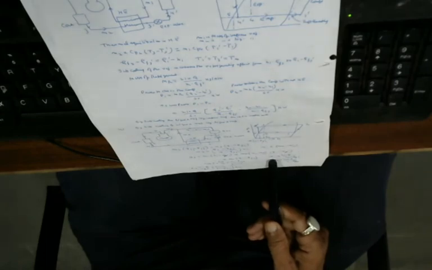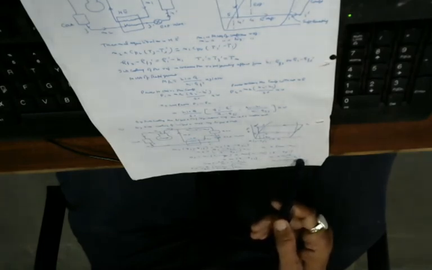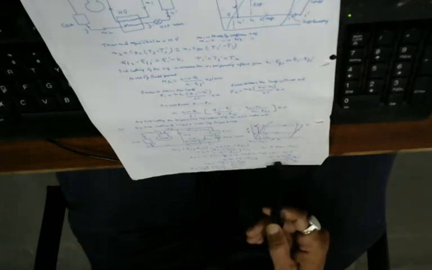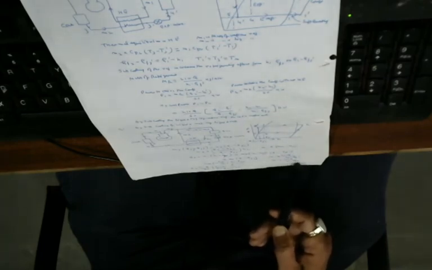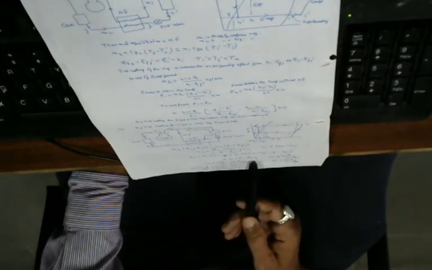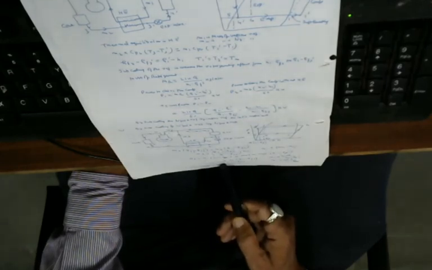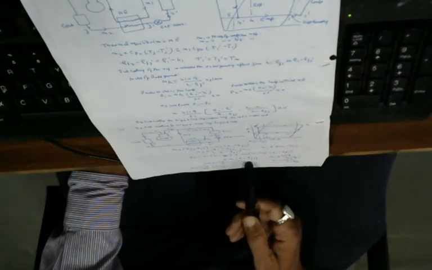M1 is the mass of refrigerant passing through the evaporator, that is 210 Q divided by (H1 minus HF4 dash), and M2 is equal to 210 Q divided by (H1 minus HF3 dash). Therefore the refrigerating effect is equal to M2 into (H1 minus HF3), and COP is equal to refrigerating effect upon the work done, that is (H1 minus HF3) divided by (H2 minus H1).